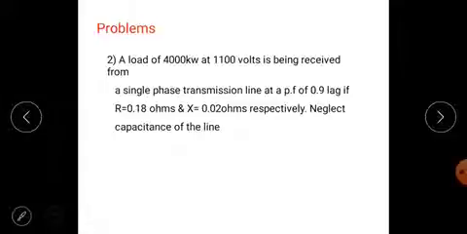If R is equal to 0.18 ohms and XL is equal to 0.02 ohms respectively, neglect the capacitance of the line. Neglecting the capacitance means it is a short transmission line.